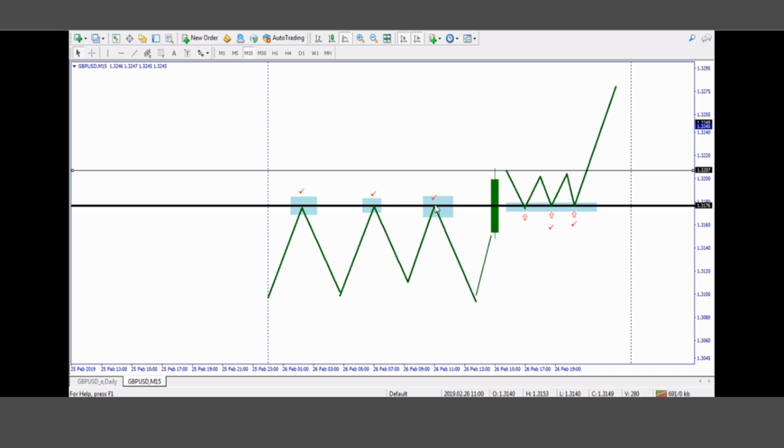The main reason I'm having these ones is not that the price has to come back to this line 3 times so that this becomes a resistance. This is just an example. It shows that the price may come back to a level 3 times. Sometimes it may come 2 times, like that, and sometimes it may come even once.